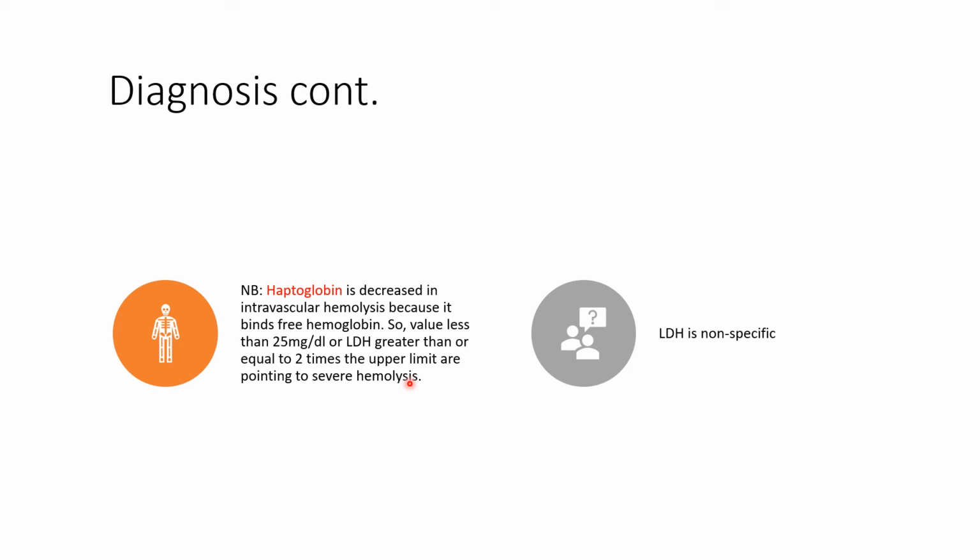In other words, the haptoglobin will drop because it's binding free hemoglobin, while LDH will increase greater than or equal to 2 times the upper limit. LDH is, however, non-specific to intravascular hemolysis, but haptoglobin is.